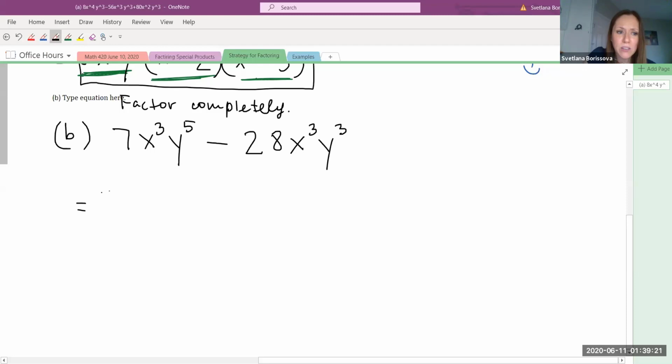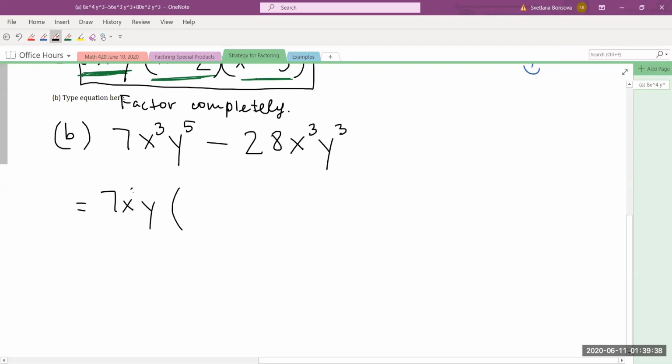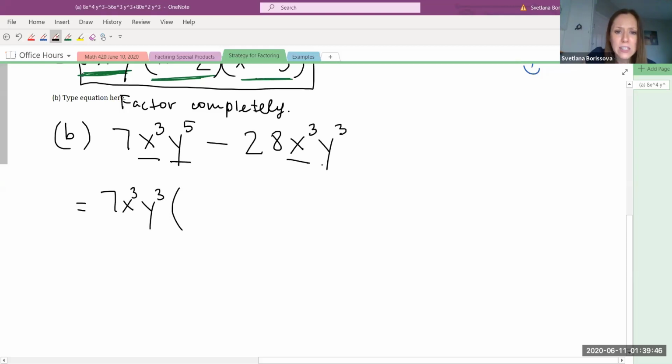But in this case, we'll use +7, even though negative would actually work. But it's definitely 7. How about variables? Both of them have x and y, so what power should I use? Cube for both, right? So it's x cubed in both, so that's definitely something they both have in common. Now y is to the 5th power in the first case, and the 3rd power in the second case, so we pick the lowest power, y cubed.